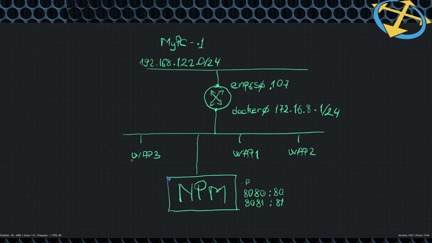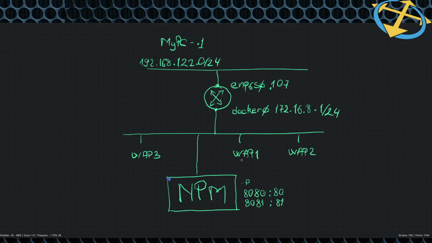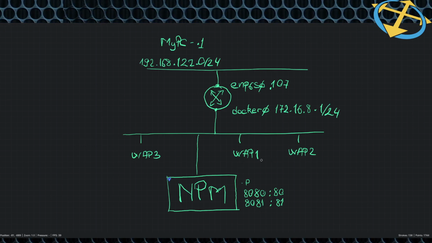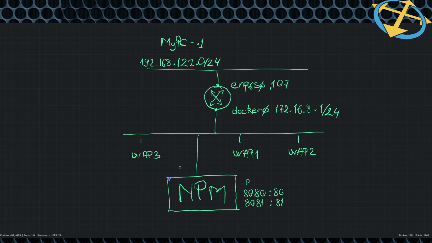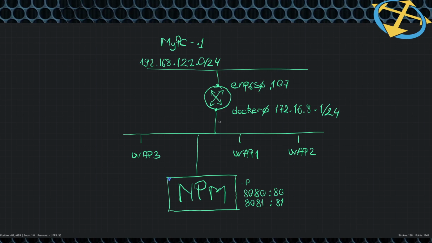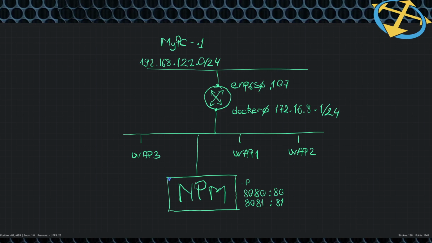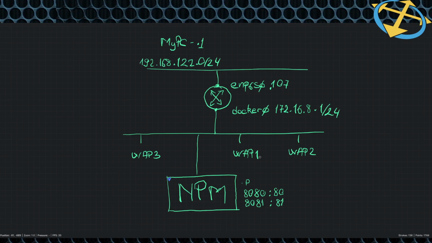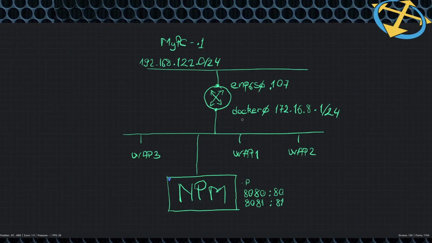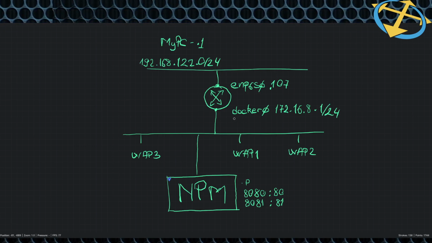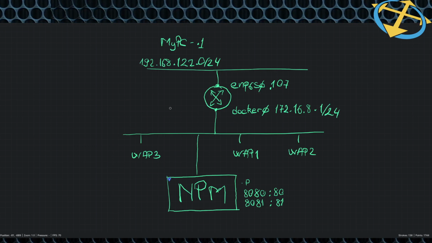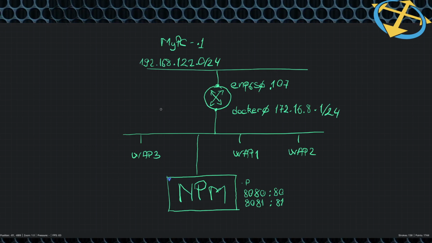And then I have three web app containers: VAP1, VAP2, and VAP3. And all of these containers, the Nginx Proxy Manager and the VAP containers, are using the default Docker network, which is called Bridge.